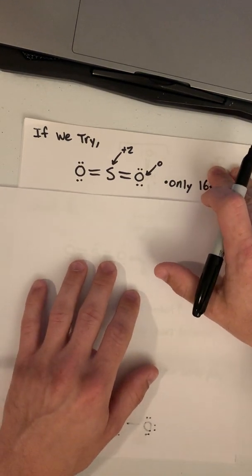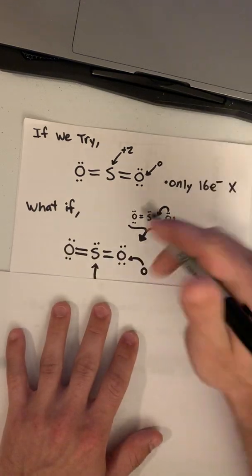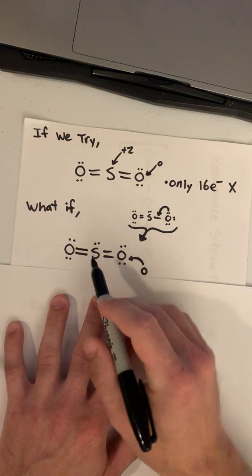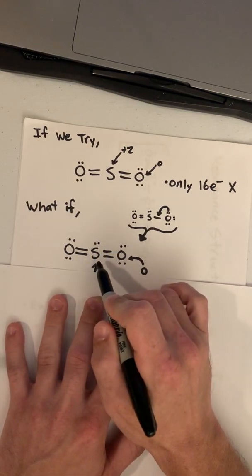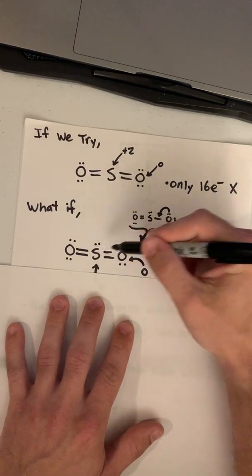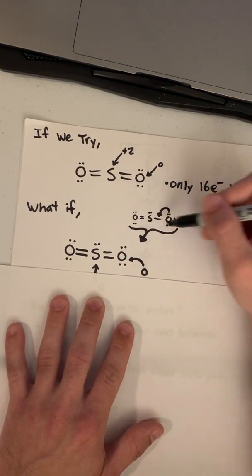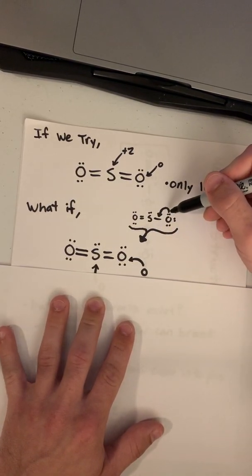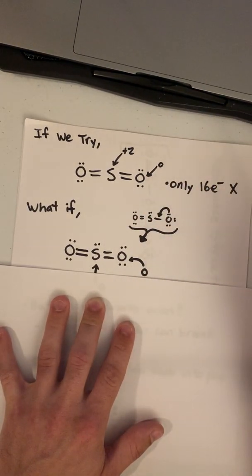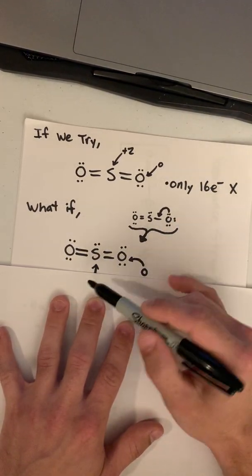So what we might need to do is keep a lone pair on sulfur, and you might be saying, well, doesn't that break the octet on sulfur? Hold on a second, I'll explain. And really what we did here, it's like we took our original example, we took one of those lone pairs and turned it into a double bond. So we didn't get rid of anything, we didn't reduce it by any amount of electrons. It still has the exact same amount of electrons.